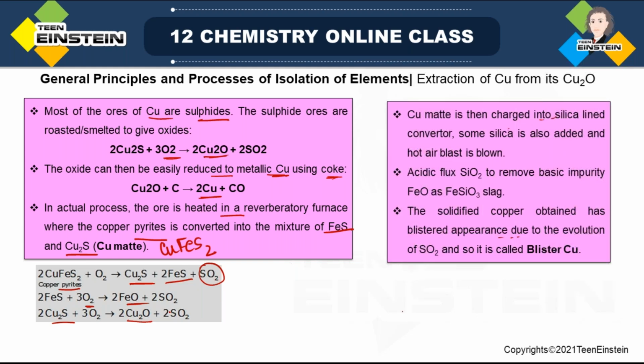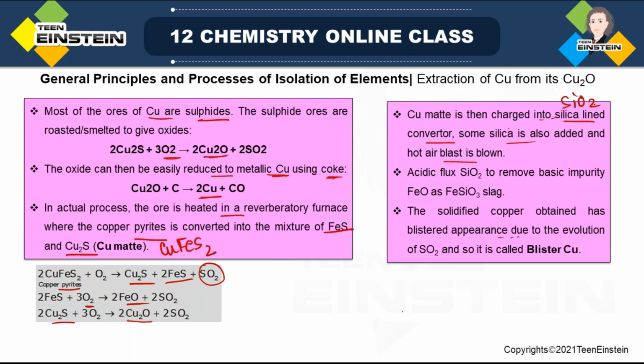Now this copper matte, which is the sulfide of copper, is then charged into a silica lined converter. Some silica is also added and a hot air blast is blown. What is the purpose of adding silica?